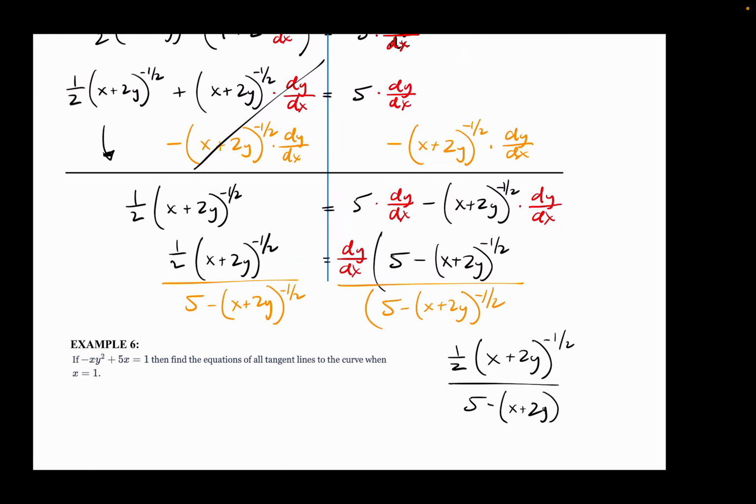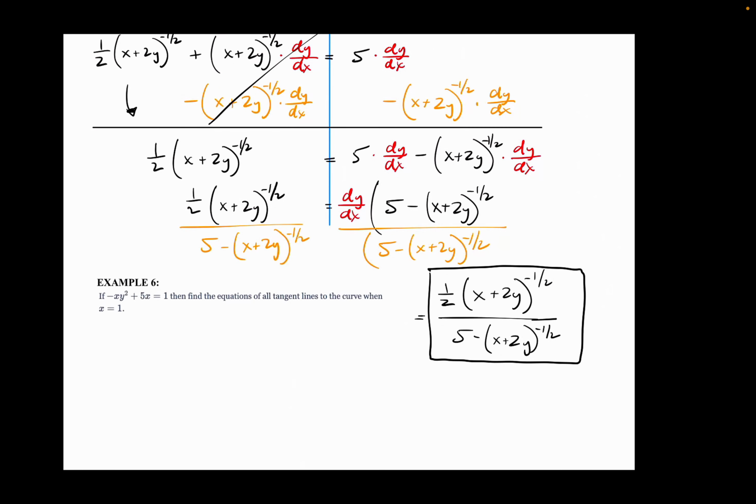There's a 5 and there's an x plus 2y to the negative 1/2. Wouldn't we have to move the negative 1/2 down? Yeah, they would switch spots because they're both negative. I'm not worried about that right now. I'm just worried about isolating dy dx.